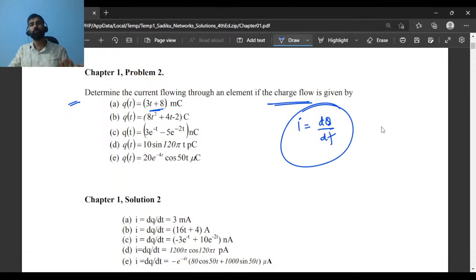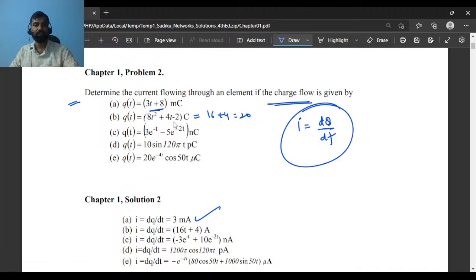You have to find the slope. Charge is given and you have to find the current. This is 3t plus 8, so your charge is a function of time. You just differentiate this, and you will get 3 milliampere. Next you will get 16 plus 4, that is 20.